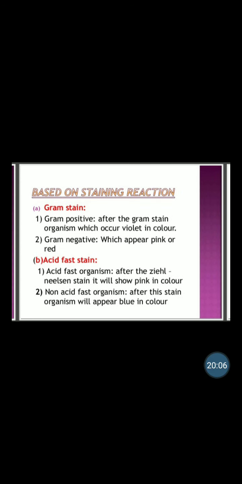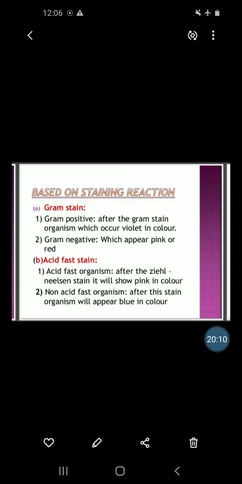Then classification based upon staining reaction. First, gram stain. In gram staining, first gram positive bacteria and second gram negative bacteria. In gram positive, these are the bacteria which after the gram staining show violet color, and gram negative bacteria after the staining show pink or red color.